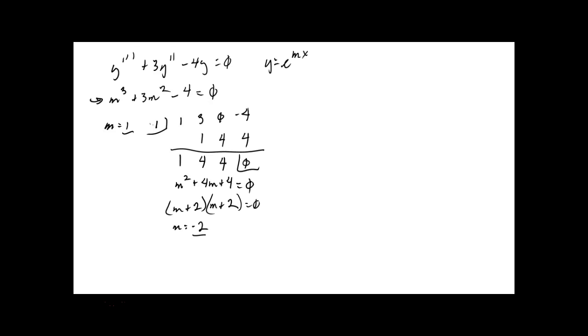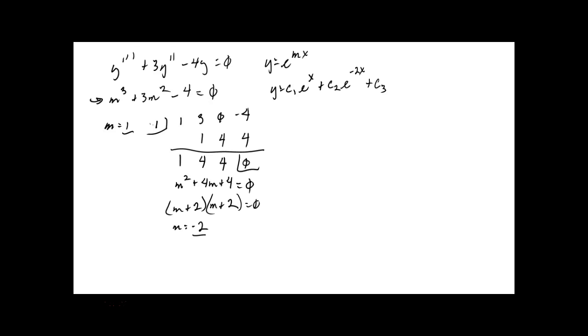So remember how we do this? y equals C1 e to the 1x plus C2 e to the negative 2x plus C3. You have to have 3 because it's the third order. But with the repeated root, what do we put there?